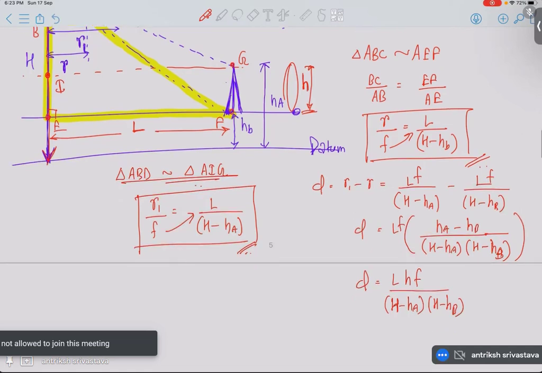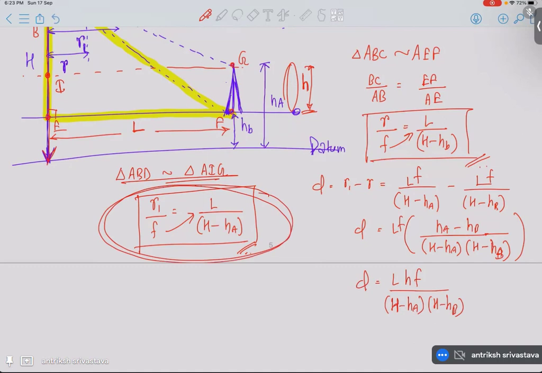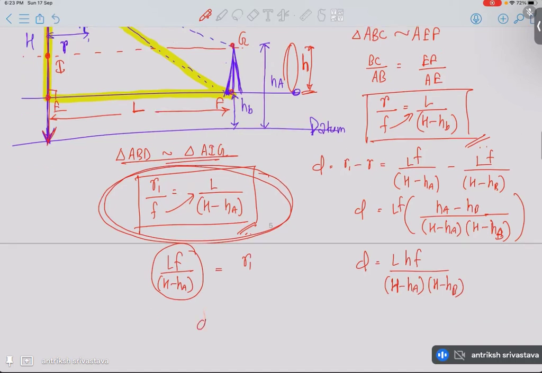So if you look at this formula right now, LF by H minus HA is given as R1. Isn't it correct? So we can either write the relief as R1 H by H minus HA, or we can write it as R H by H minus HB.